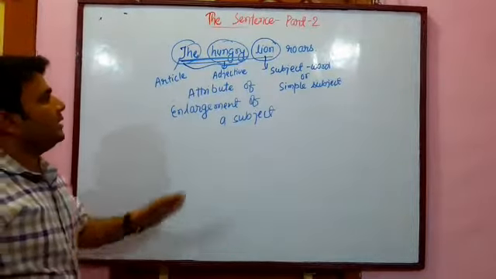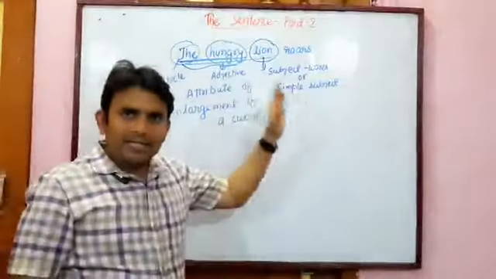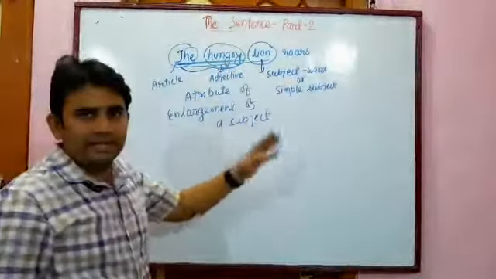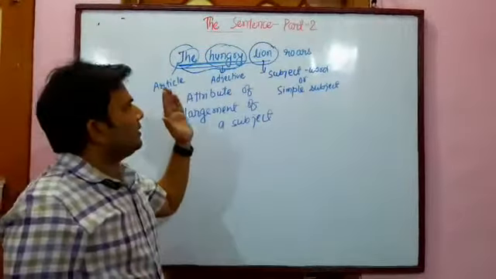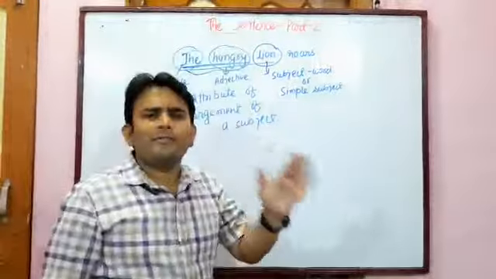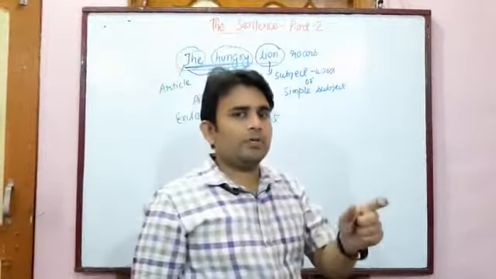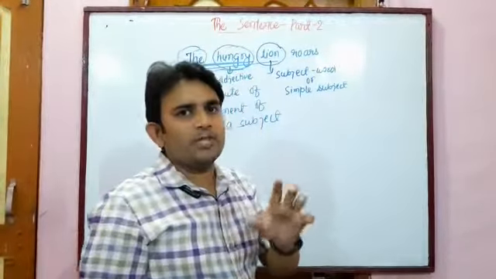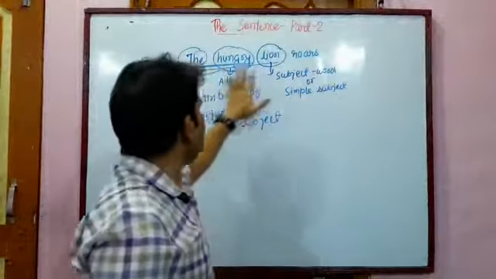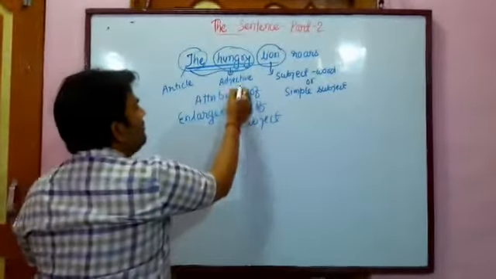It means that in every sentence, the subject contains several words, but the main word that acts as a subject is called the subject word, and the rest of the words are called attribute.